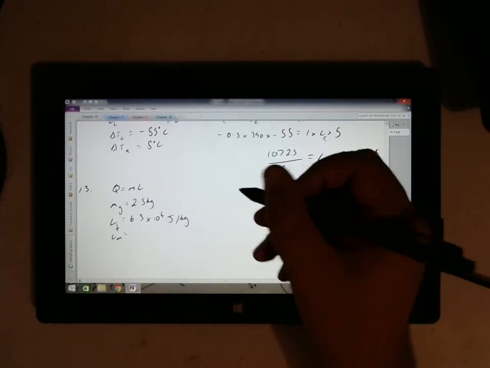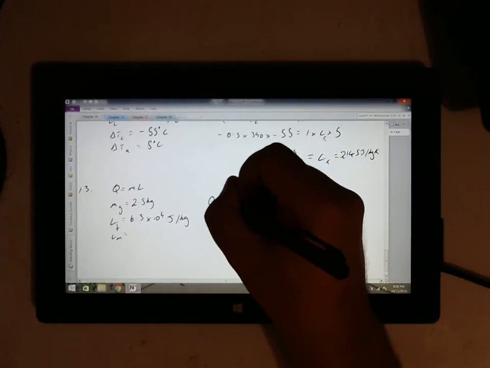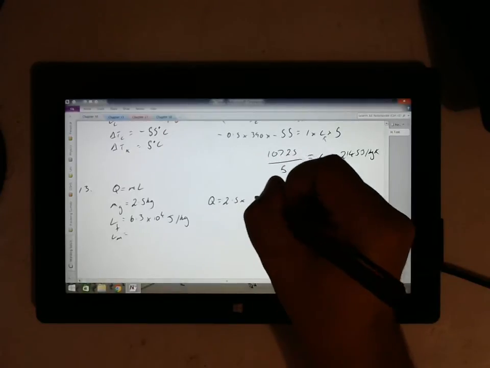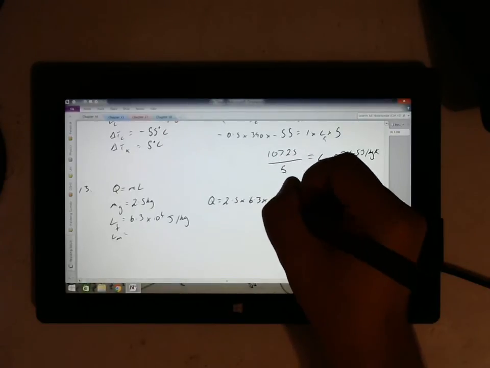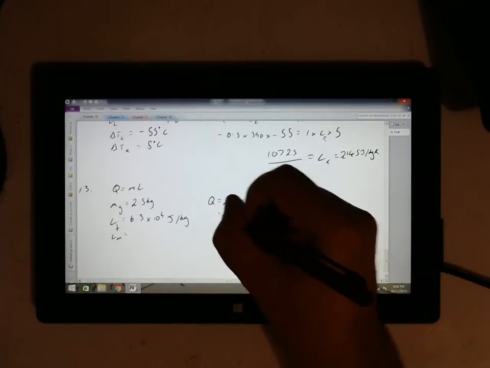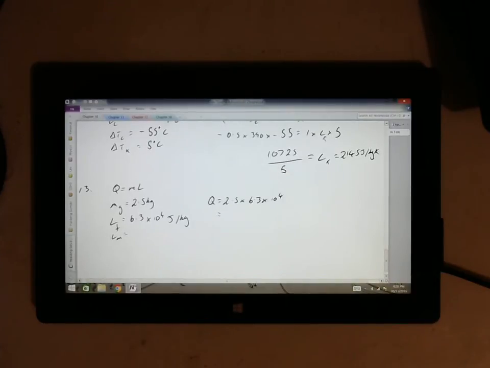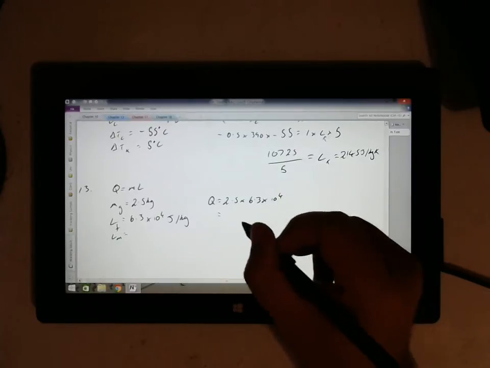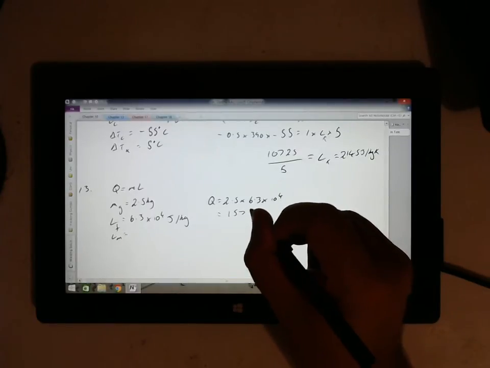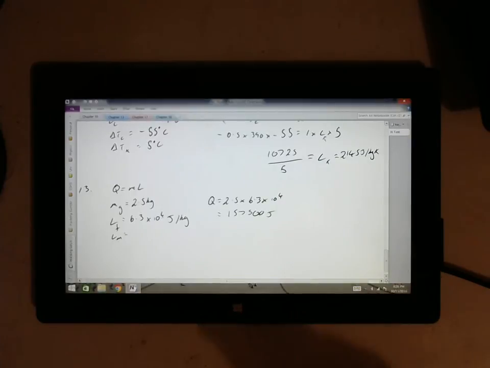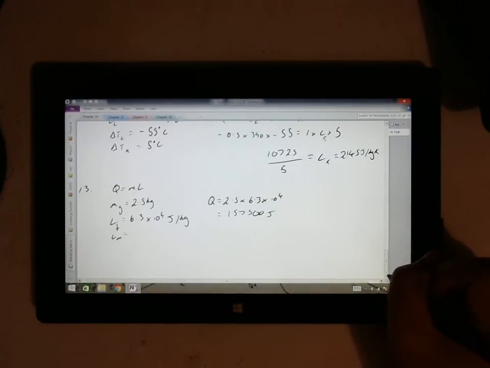We can see it's just going to be a simple straight up substitution. Q equals 2.5 times 6.3 times 10 to the power of 4 gives us 157,500 joules.